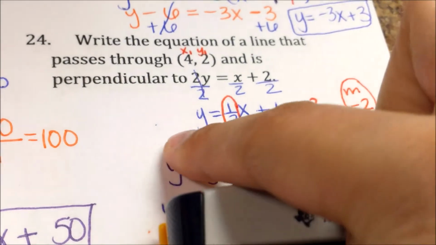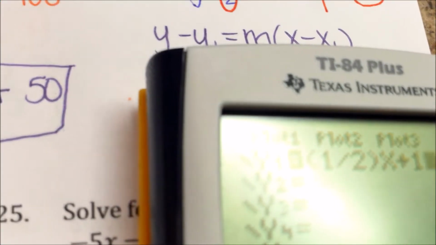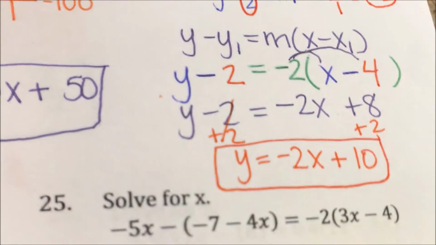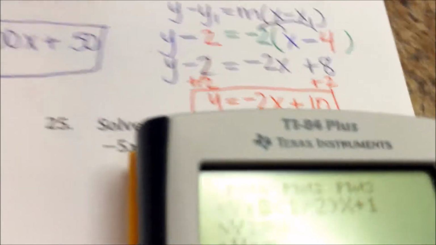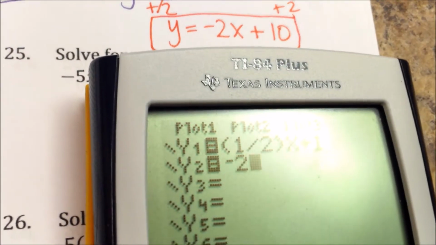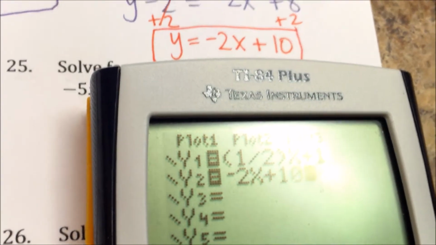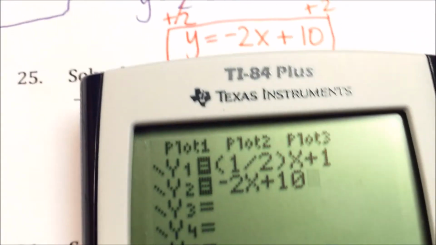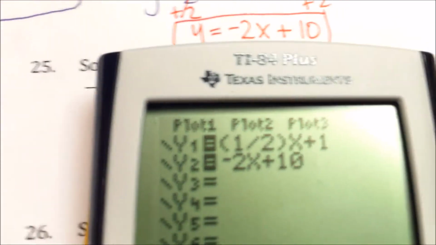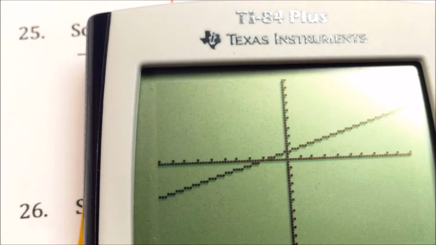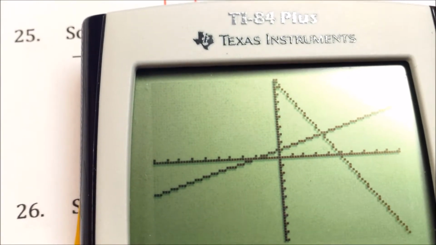That's the one they gave us right here. So that's what I have. And I'm going to plug in the one we just figured out, which is negative 2x plus 10. Okay, I'm going to try and get the glare out. Alright, so we're going to graph it. There's the first line, and there's our line.